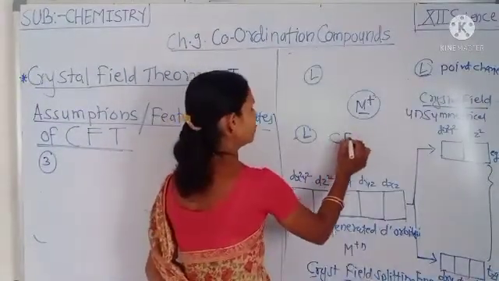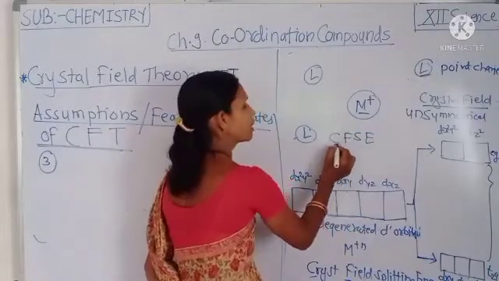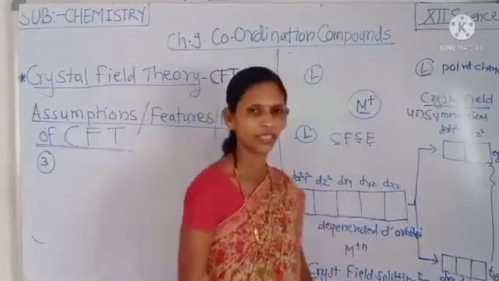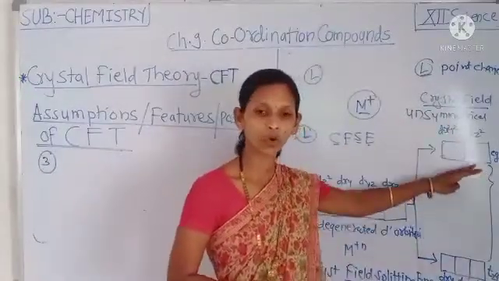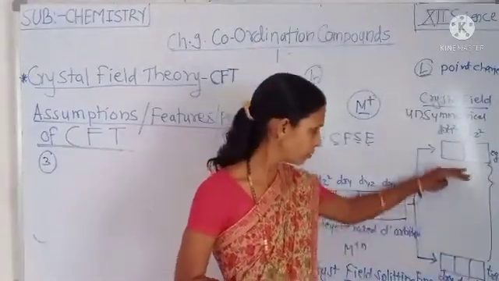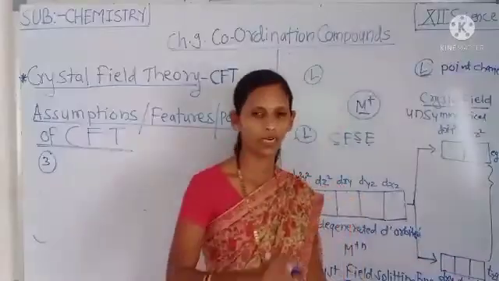That is, CFSE means crystal field splitting energy, the difference in the energies of the two sets of d orbitals of the central metal ion.